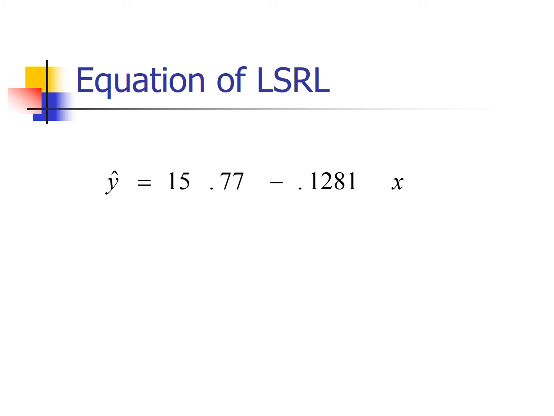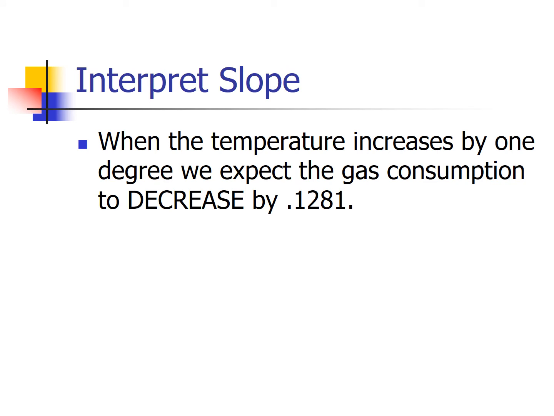So the equation of our least squares regression line would look something like this. Y hat equals 15.77 minus 0.1281 times x. How do we interpret these? Well, we can start off by interpreting the slope. The slope is very powerful in terms of its interpretation. Correlation by itself just tells us as one increases, we expect the other to decrease. Slope is more informative.